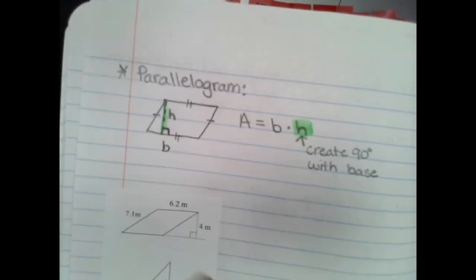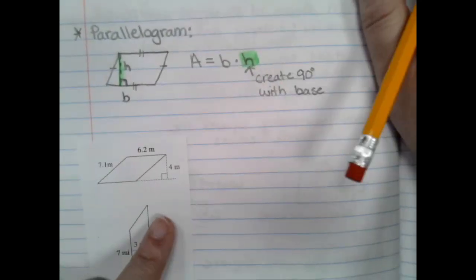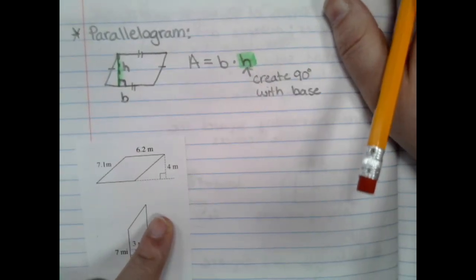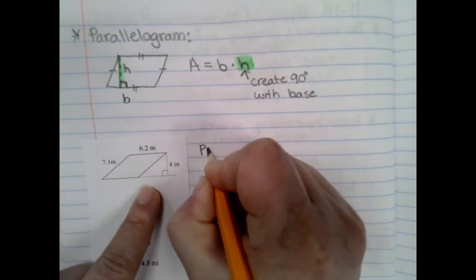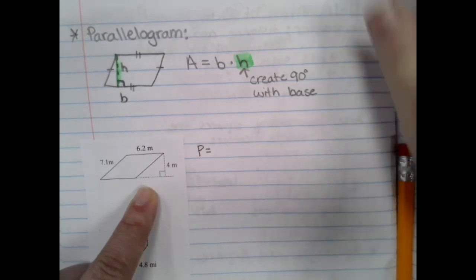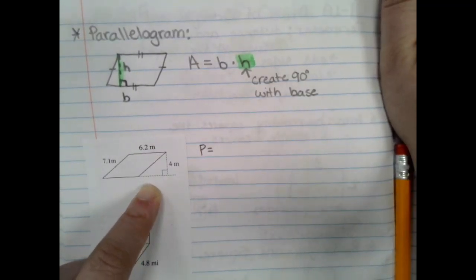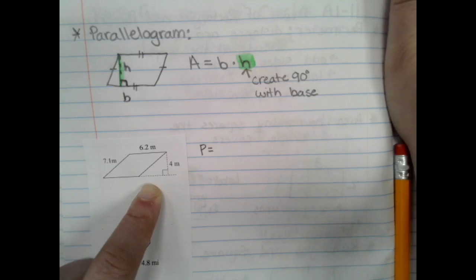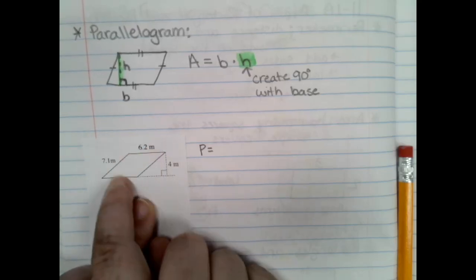Alright, so as we look at this first one, we're going to do perimeter and area for both of these. So as we do perimeter, perimeter is going to be the outside parts, meaning that we are looking at the actual solid lines.